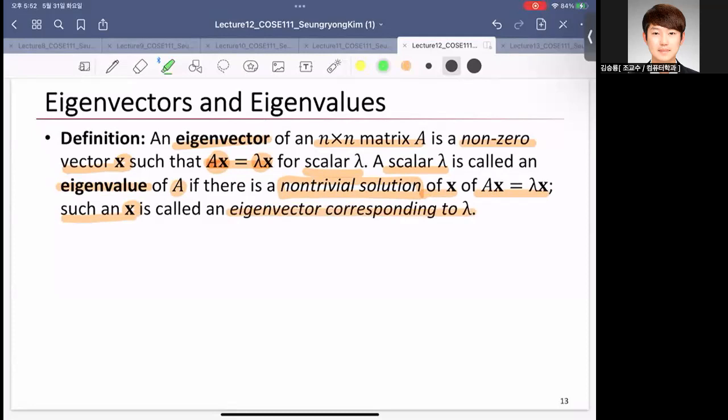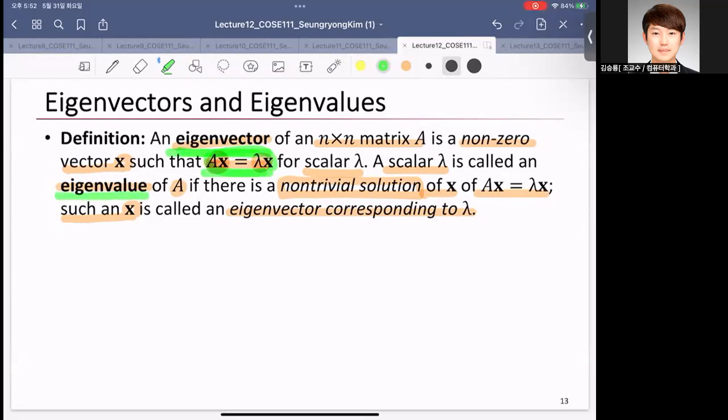Again, Ax equals lambda x. The vectors that satisfy Ax equals lambda x are called eigenvectors, and in this case, the scalar lambda is called an eigenvalue.